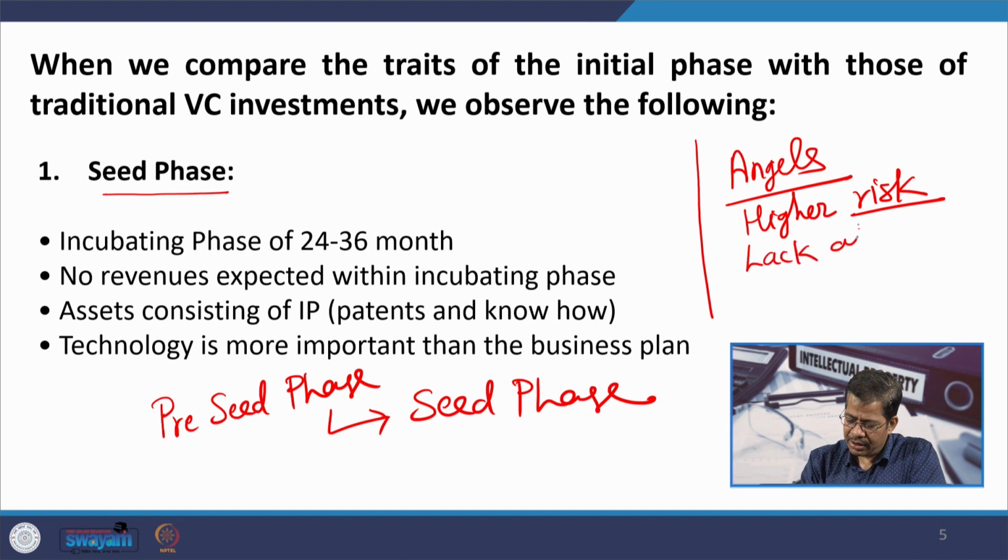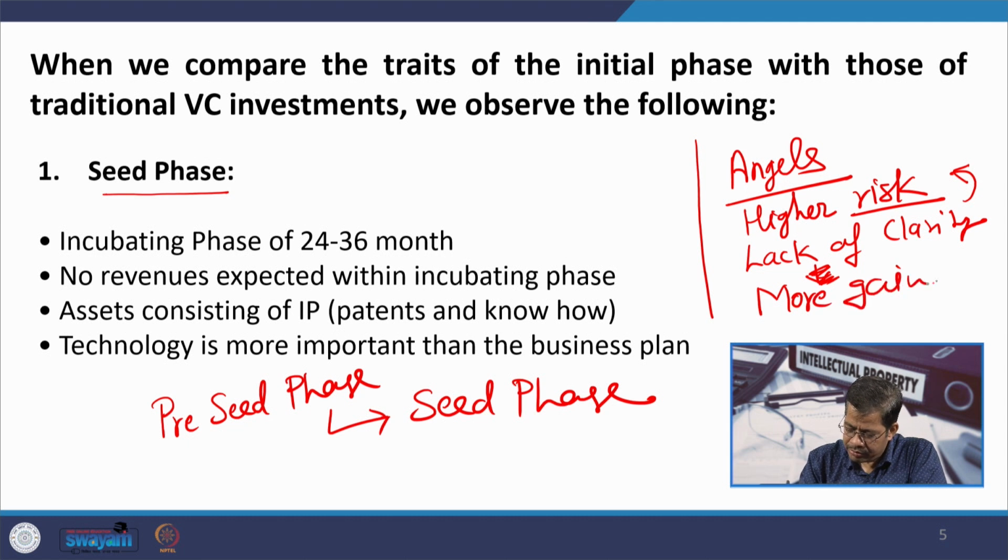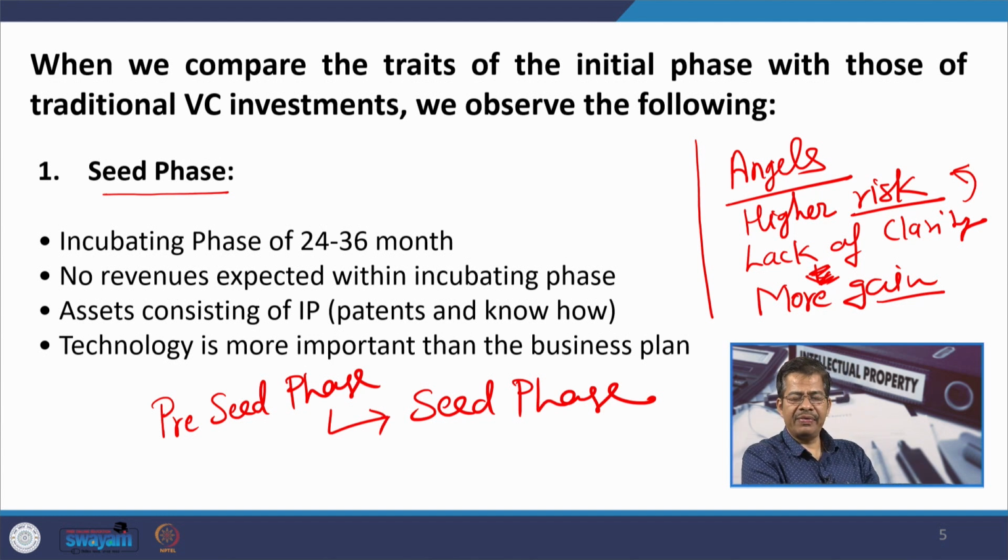Lack of clarity leads to this higher risk. But if it becomes a successful activity, there is more gain also. Angels generally take more risk, but their rewards are also higher if the technologies and startups become successful.